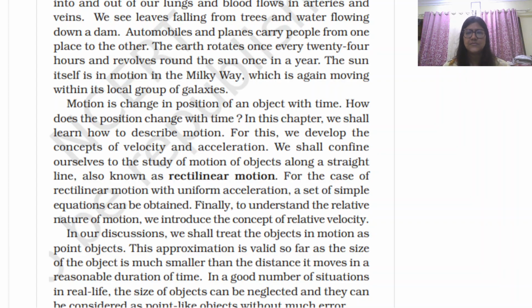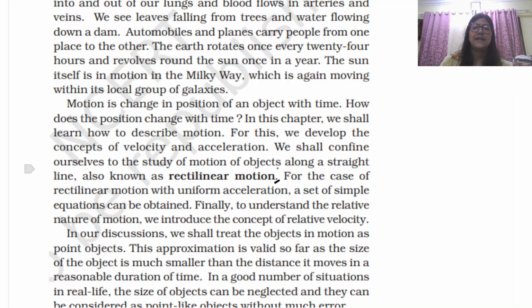So, it's giving some idea of what motion is, and the basic definition is that it's change in position. Whenever the position of an object changes relative to the observer, we call it motion.